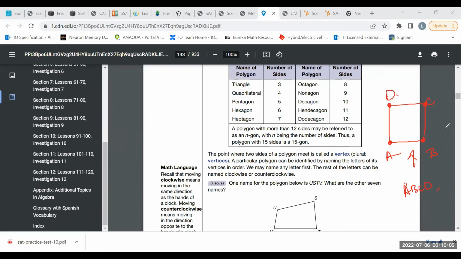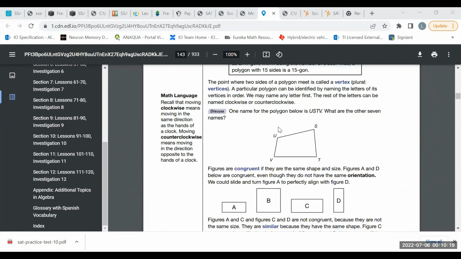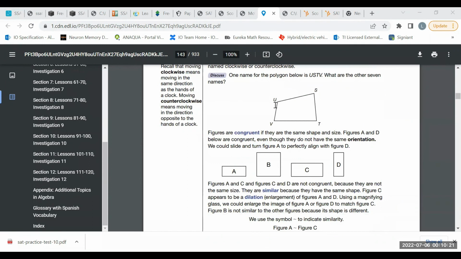You can start with any letter, but you have to move either in the anti-clockwise direction or in the clockwise direction. Does that make sense? Yeah. Okay. So in this case, it'll be UVTS or it'll be USTV, right? These are the two names.